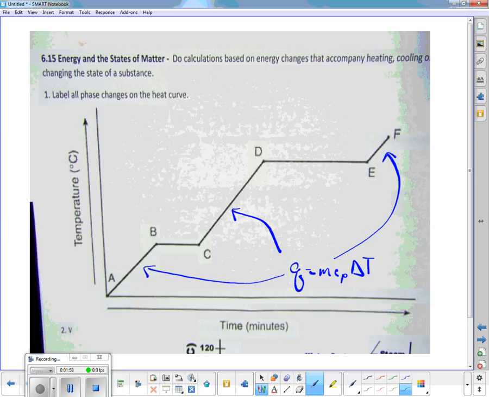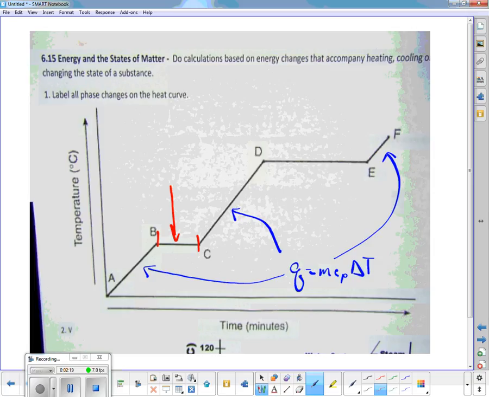The problem comes when we hit the flat area, when we do a phase change. Okay, the phase change here is going from a solid to a liquid. We're not changing temperature, so we can't use that equation because that equation would always be 0. But we know it takes energy to melt a solid to make a liquid, right?